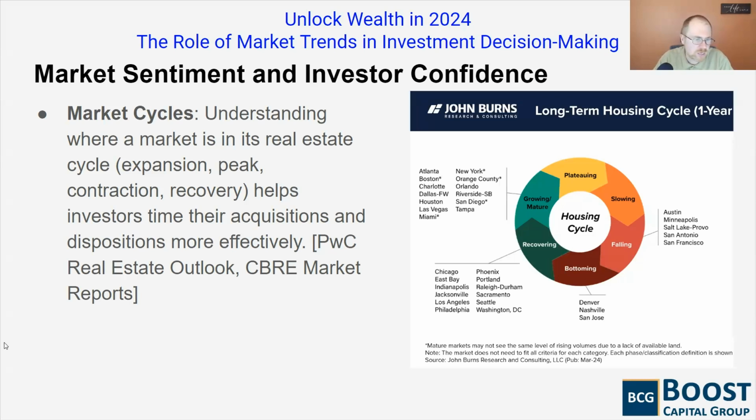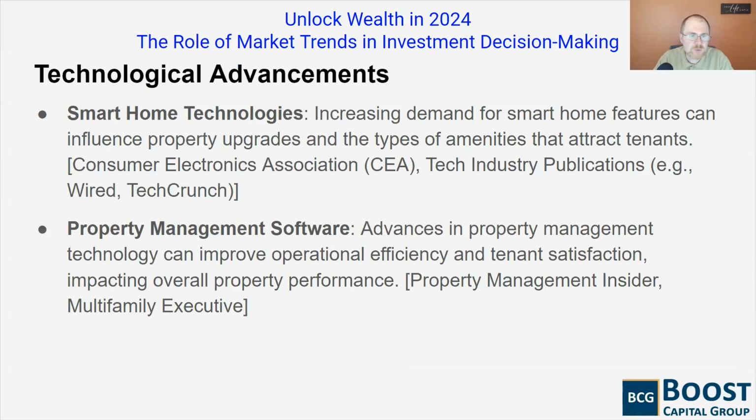So next, I have a couple of slides left. Just go quickly through those. What you want to monitor as well is technological advancements, such as smart home technologies. Those are things that you see being spread out throughout Class A for sure, and Class B, it's coming up.